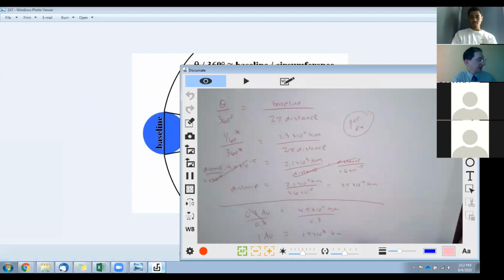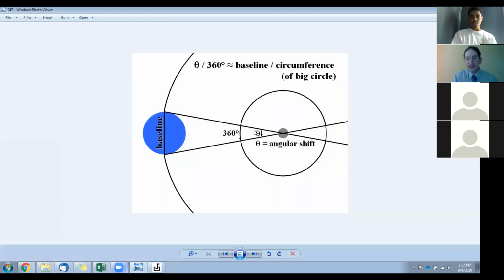Here it is. From the geometry of that figure, we see that this angle as a fraction of 360 degrees going around this circle is the same as this distance, the distance between the two telescopes, as a fraction of the circumference of this big circle centered on Venus going through the Earth.